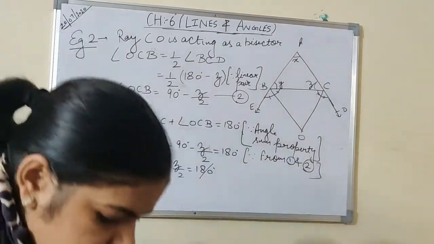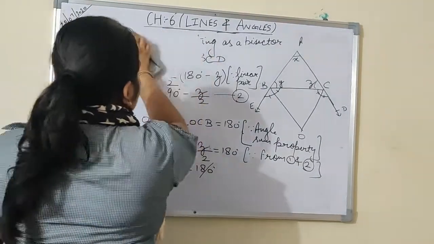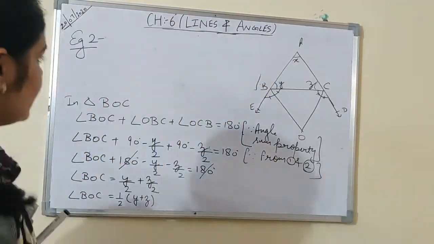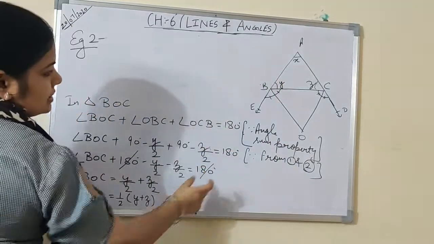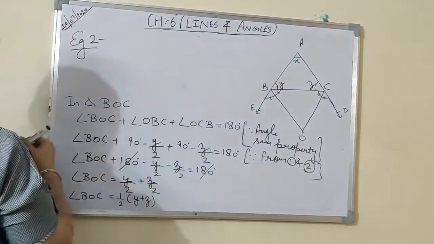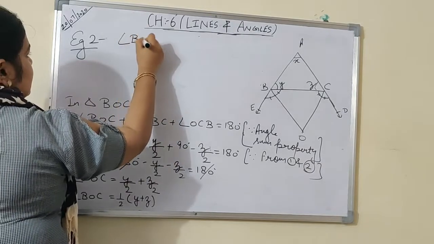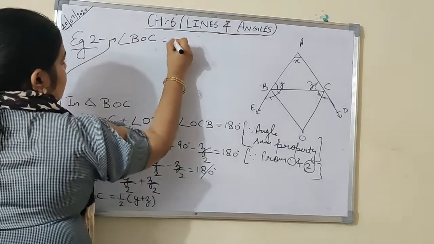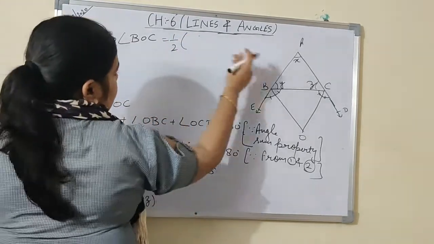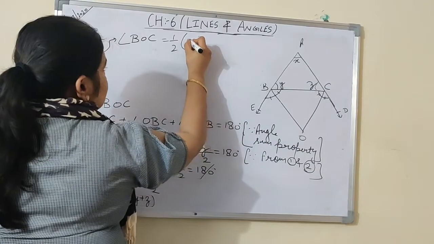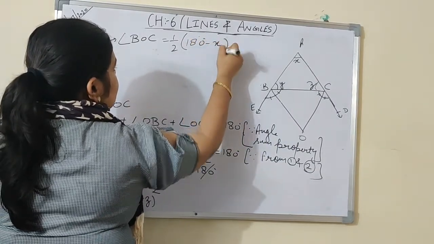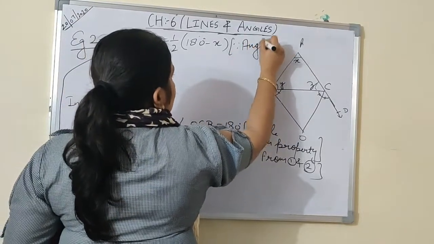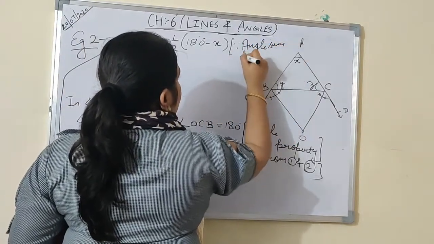Now, after this, you can observe from the figure that y plus z can be written as, I am writing it here, 180 degree minus x because of angle sum property.